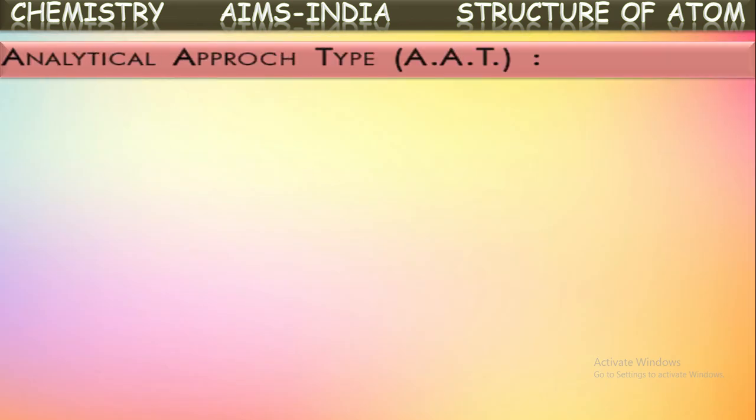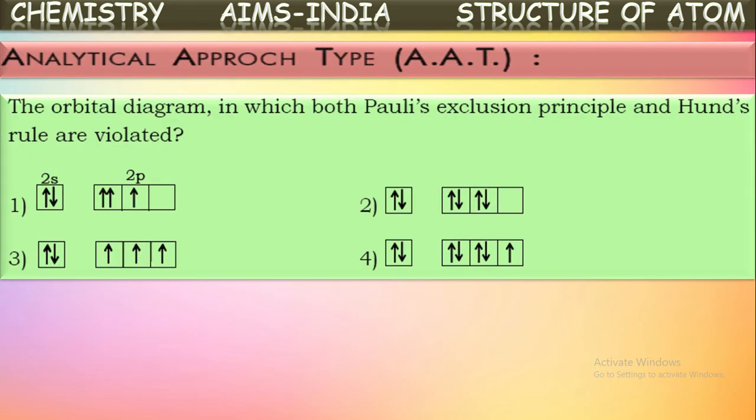Next, analytical approach type questions. See the first one: the orbital diagram in which both Pauli's exclusion principle and Hund's rule are violated. First of all, we have to remember what Pauli's principle is. Pauli's principle states that no two electrons in an atom can have the same set of quantum numbers.